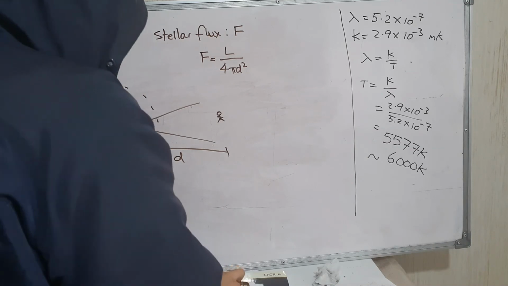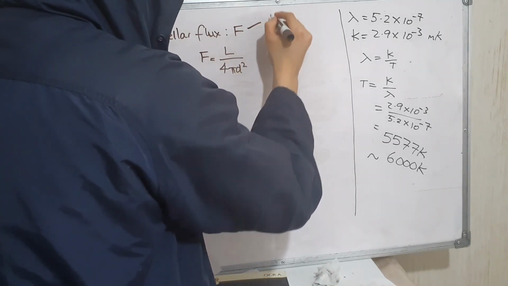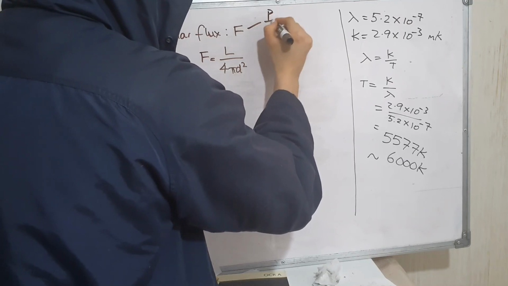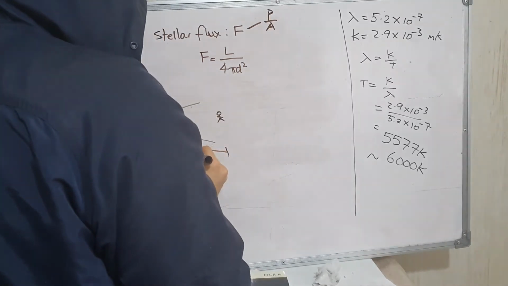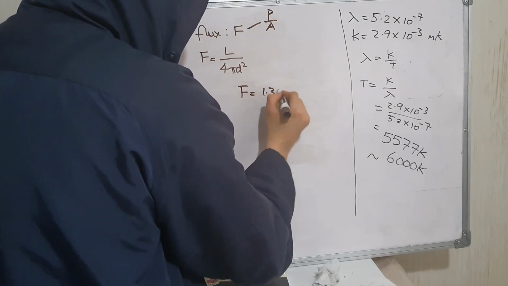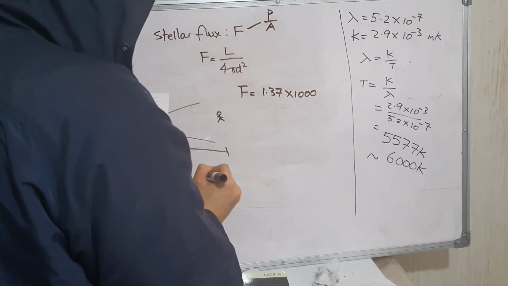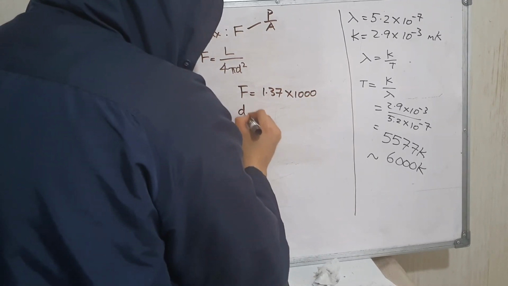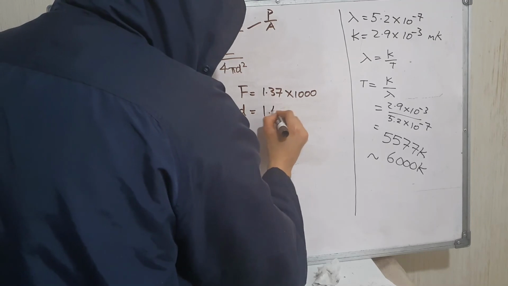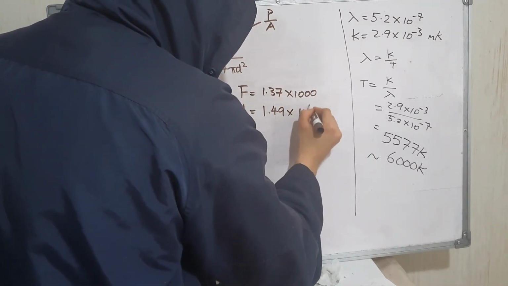All right, so this F is measured as power over area. And in the question, you're given that F is equal to 1.37 times 1000 watts per meter squared. You're given D as 1.49 times 10 to the 11 meters.